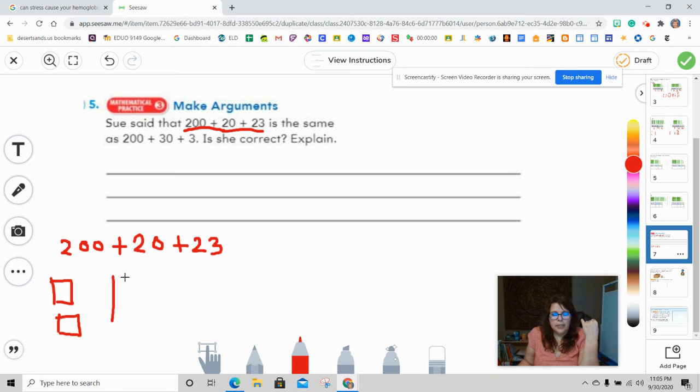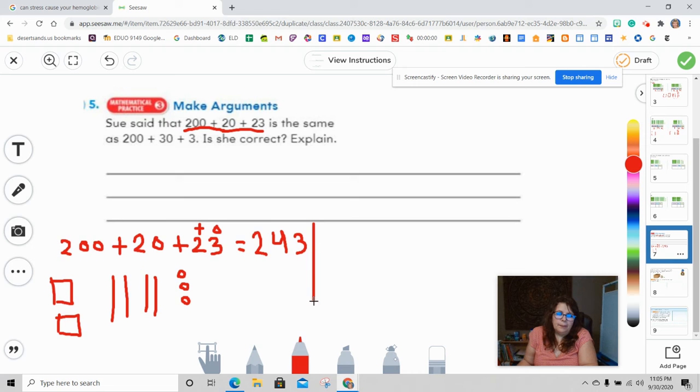So I put 2 tens. And then here, if you see, I have TO. Even though they're in the one space, I have 2 tens. Do you see that? So I'm going to put 2 more tens. And then 3 ones. So now this equals 2 hundreds, 4 tens, and 3 ones. So that's 243.